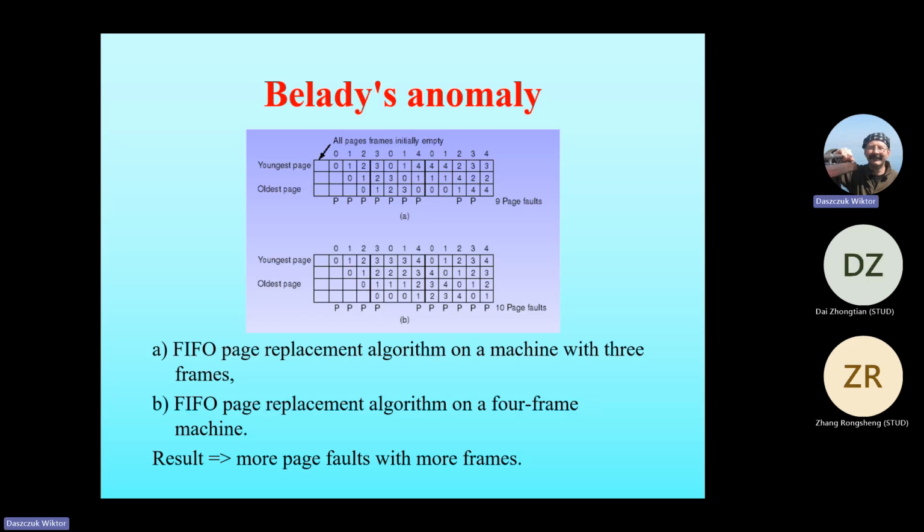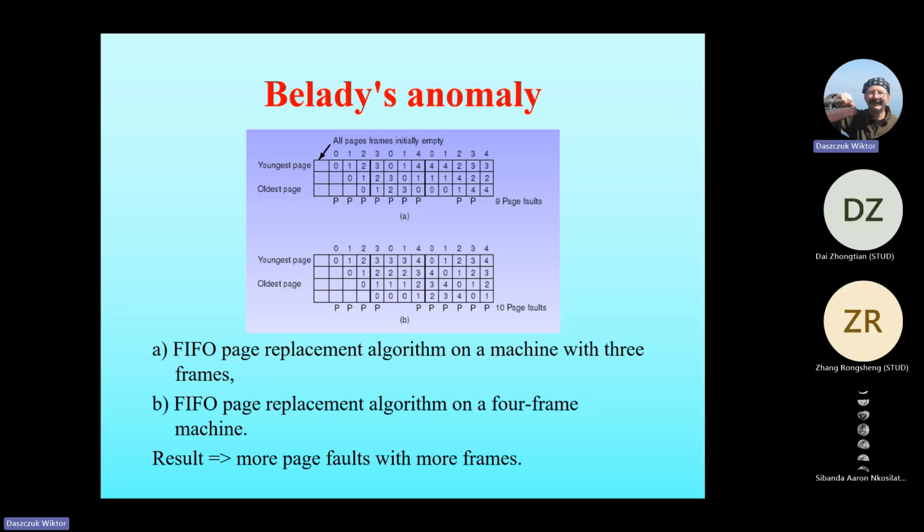So the operating system decides this process operates poorly. Let us enlarge the set of frames that this process can use. So we give it 4 pages for this second execution.